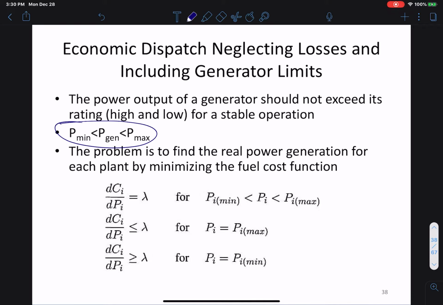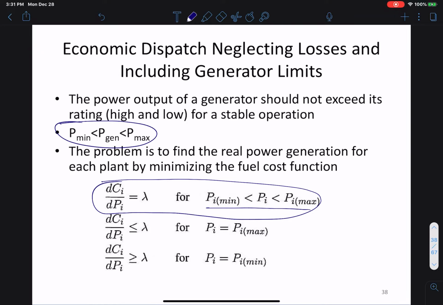So this is the cost function, or incremental fuel cost function, for in between the limits. But if you hit the max limit, your function becomes less than lambda. If you hit the minimum limit, your function becomes greater than lambda. What is this saying?